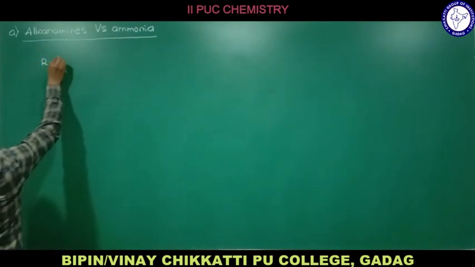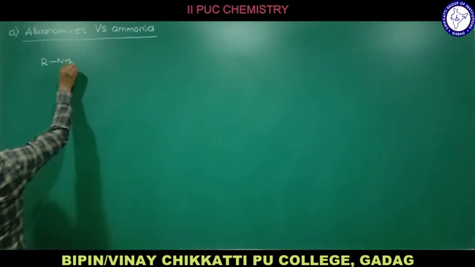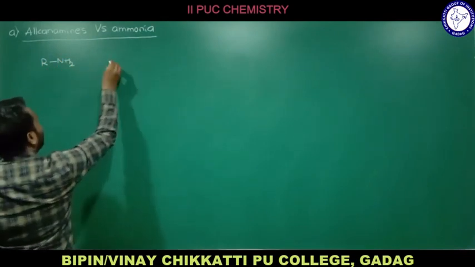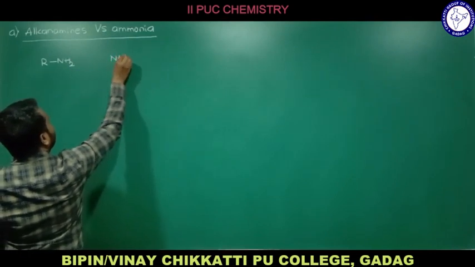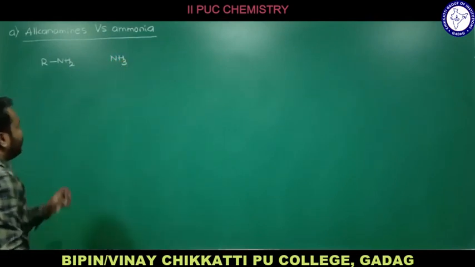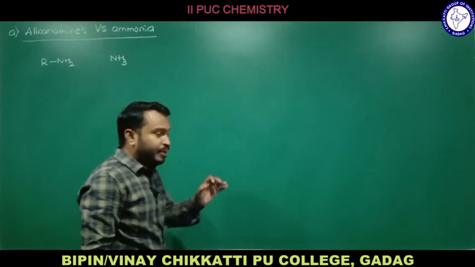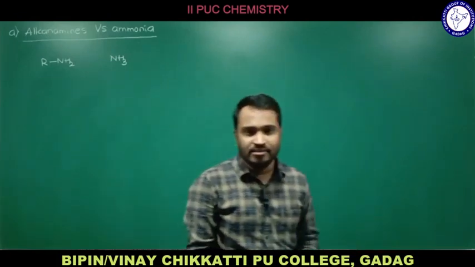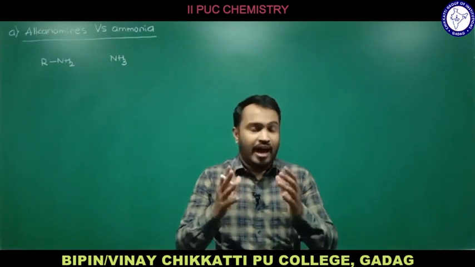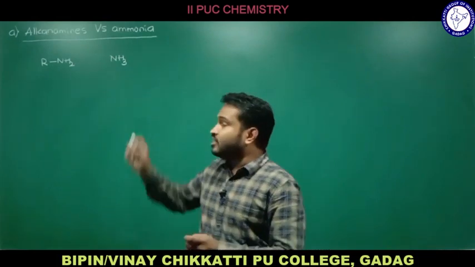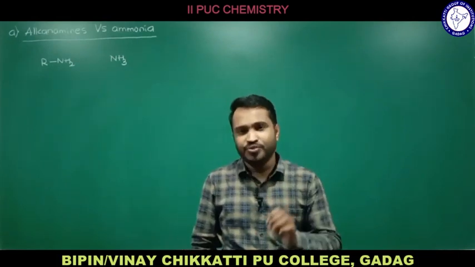In general, RNH2 we have, and this is an alkylamine, and one more I am going to consider, that will be ammonia. So now we'll compare the basicity of aliphatic amines, alkylamines, with ammonia. As we know, both these compounds are basic in nature. Why?